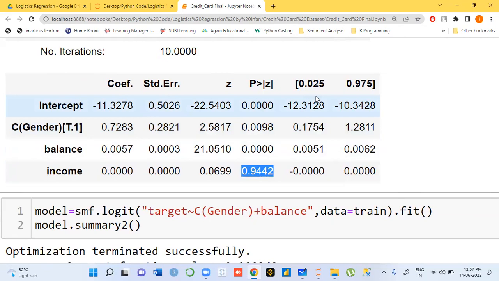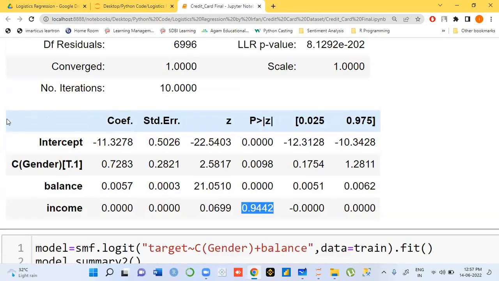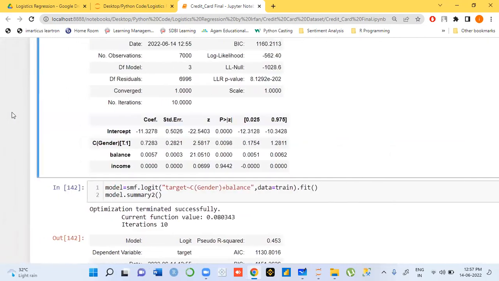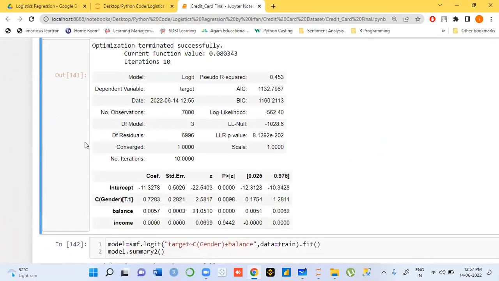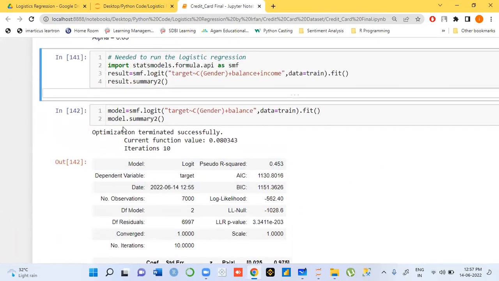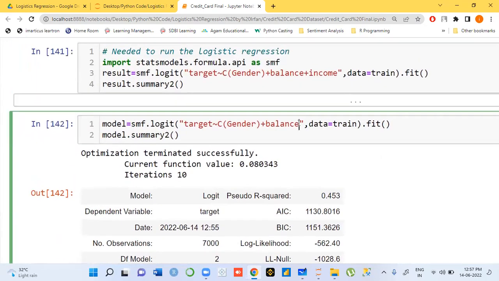We do not reject. Technical word. In layman language, we say the income variable is not important. So we have to remove this variable. Running the same code, you can compare the code also, guys. The difference in the code is that here income is not there.